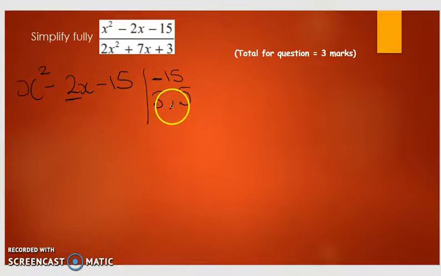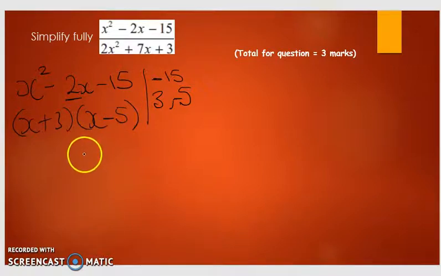Which of them should be assigned the negative? Since we want a negative 2, we're going to give the negative to the 5. Okay, so that our factorized form will be x plus 3 and x minus 5. Okay, right. Having done that now, we can carry on to the second one.